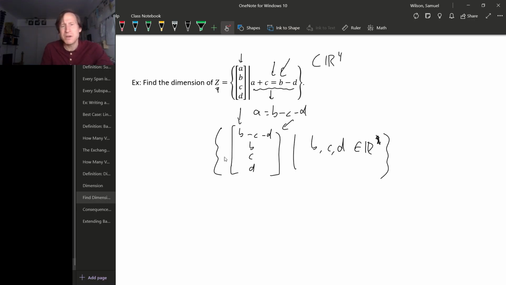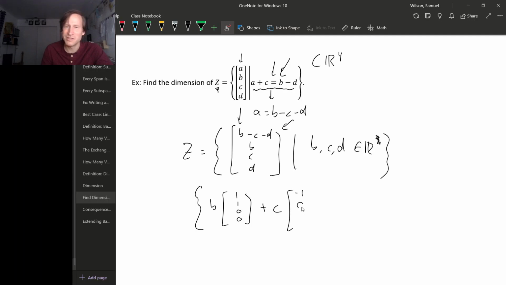All right, but now that we have our subspace written like this, we can go back to our old trick of decomposing this single vector as a linear combination of other vectors. So this is going to be B times 1, 1, 0, 0 plus C times minus 1, 0, 1, 0 plus D times minus 1, 0, 0, 1.